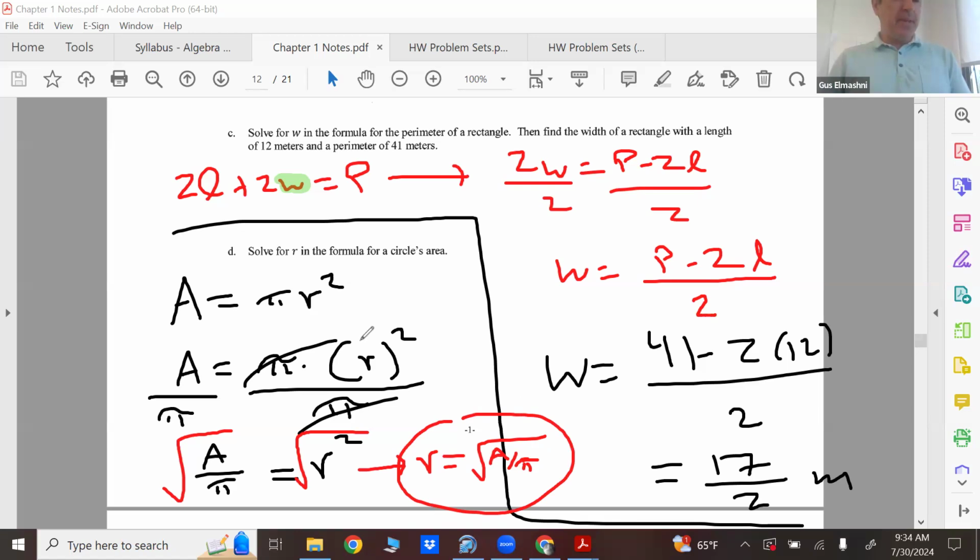Now, technically speaking, there should be a plus or minus. Because if you think about it, what if x squared equals 4? What could x equal? 2 or what other number? What other number when you multiply by itself becomes 4? 2 times 2 is 4, and what else? -2, right?